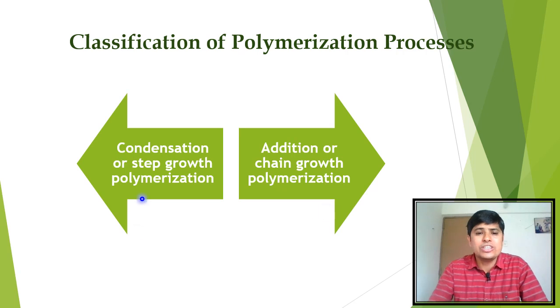An example of condensation polymerization is the reaction of adipic acid with hexamethylene diamine to form nylon 6,6, a condensation or step growth polymerization. So there are basically two kinds of polymerization processes: one is condensation and the second one is addition.